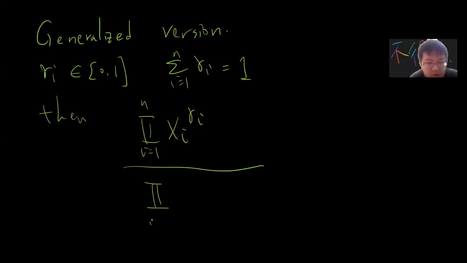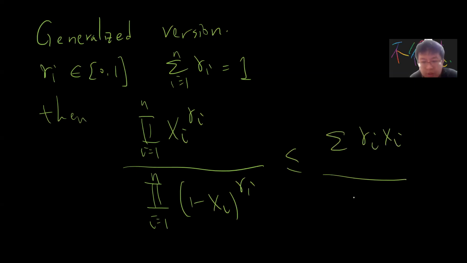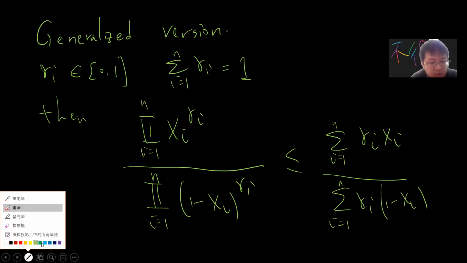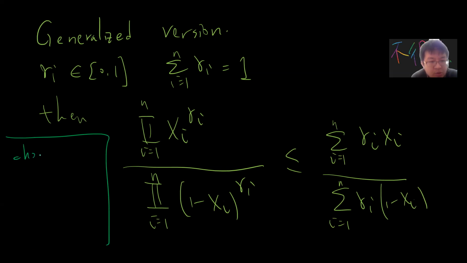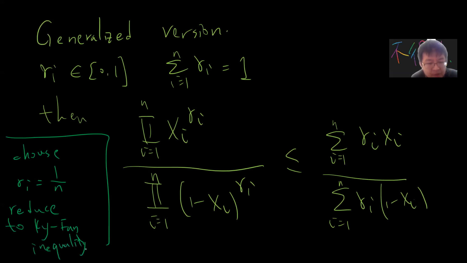Notice that if you choose gamma_i to be 1 over n, then you reduce to the original Ky Fan inequality, because this is 1 over n and this is 1 over n, right? So this becomes the arithmetic mean.